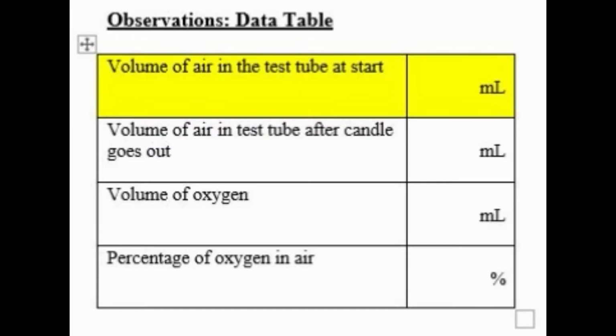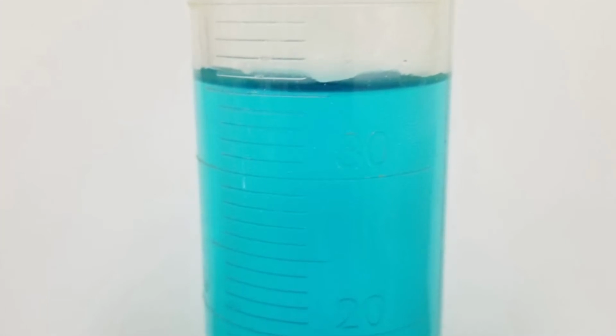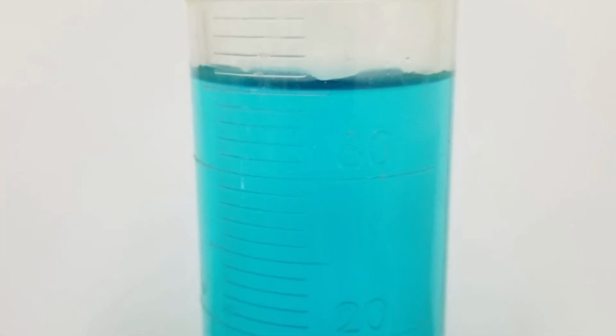You'll read the graduated cylinder to determine the volume of air. Pause the video to record the volume in the appropriate place on your data table and then resume the video.